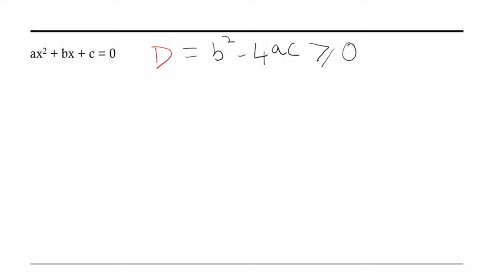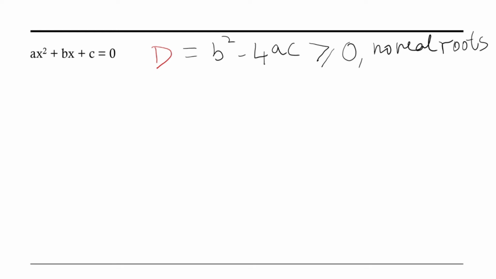If the value of b square minus 4ac is not greater than or equal to 0, that is, if it is less than 0, then we say the given equation has no real roots. Now, in real life problems, it is not always necessary that the quadratic equation ax square plus bx plus c equal to 0 will have real roots.